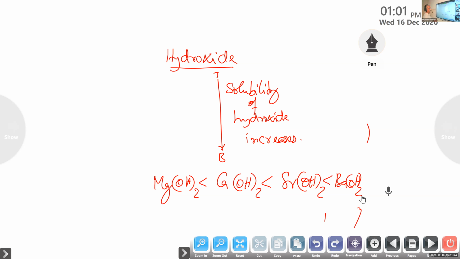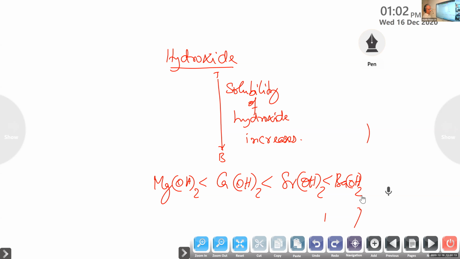That means barium hydroxide is the most soluble. Magnesium hydroxide is the least soluble. Among the compounds of magnesium, magnesium hydroxide is almost the most insoluble one, so it will be precipitated easily.